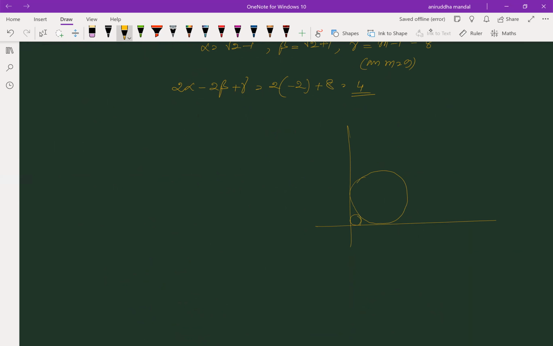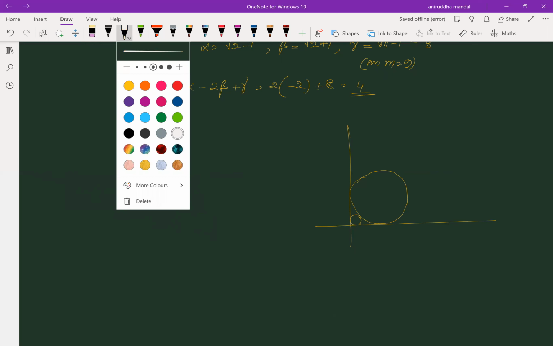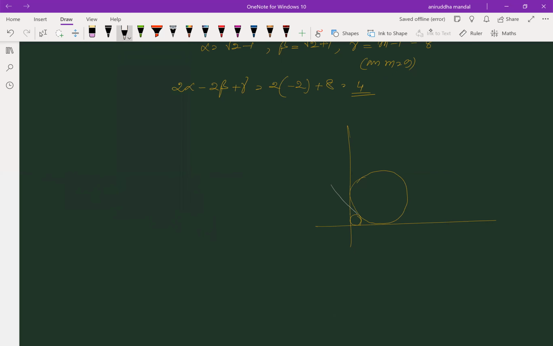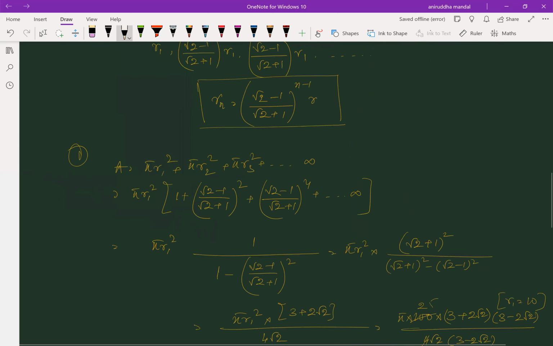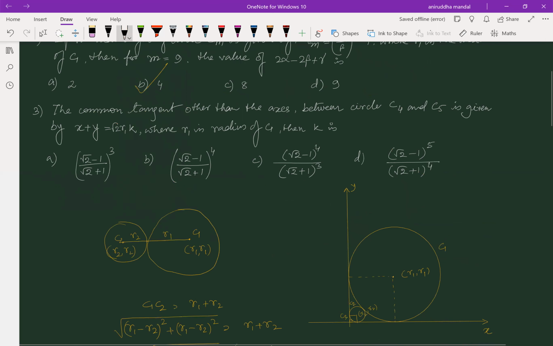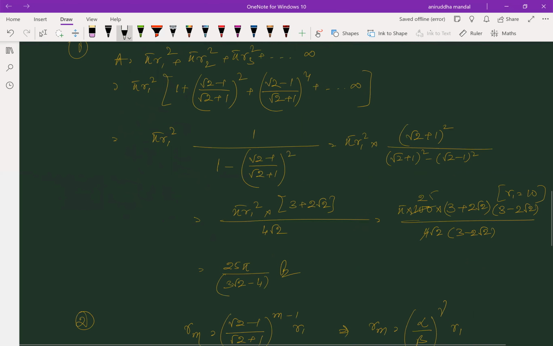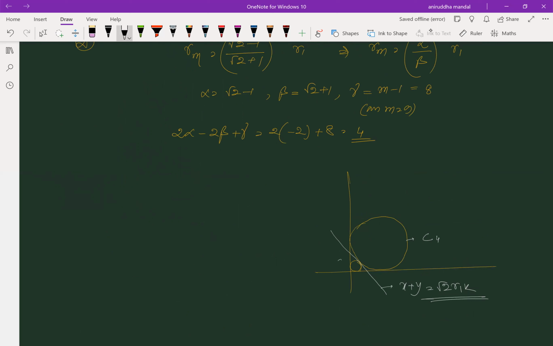So at this point, if we draw the tangent, let this be the tangent. So this is given as x plus y equal to root 2 R1k. And this is circle C4, I think, and C5. Yes, C4 and C5.